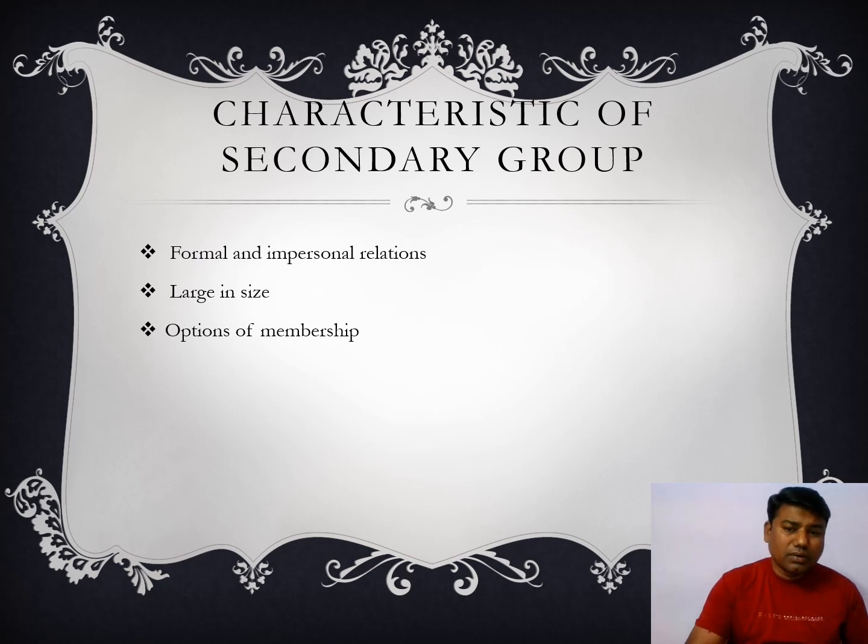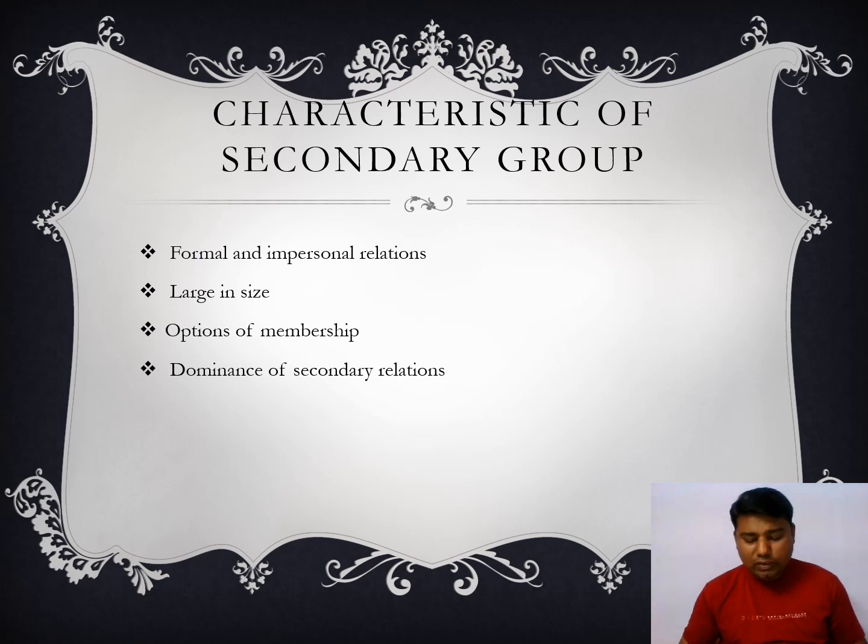Some of the membership may be taken officially in secondary group, and there is a dominance of secondary relations. And the secondary groups are characterized by indirect, impersonal, contractual, and non-inclusive relations.